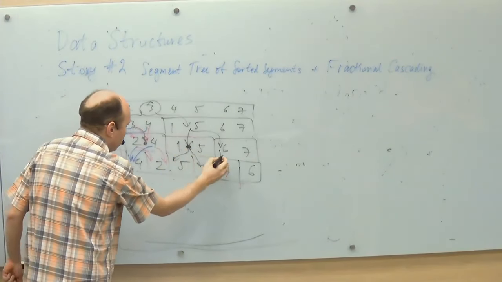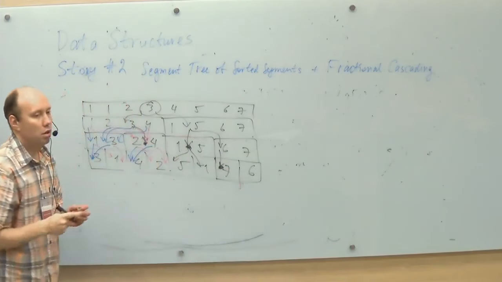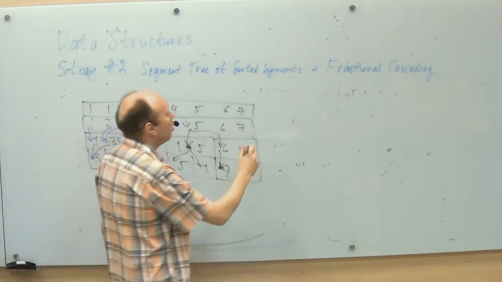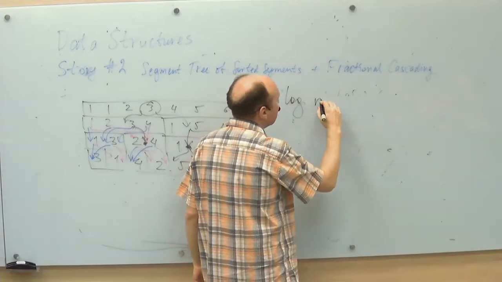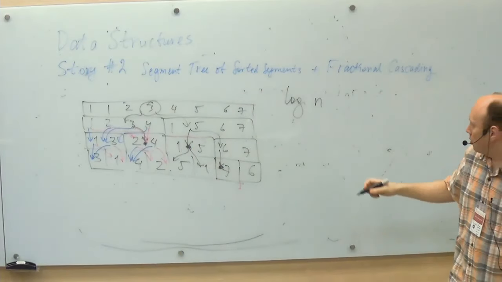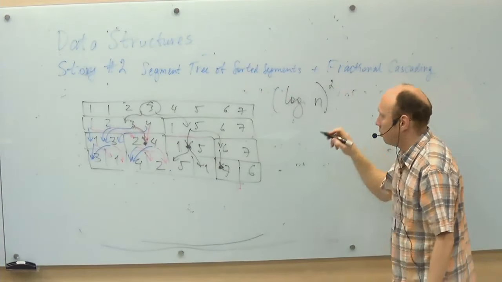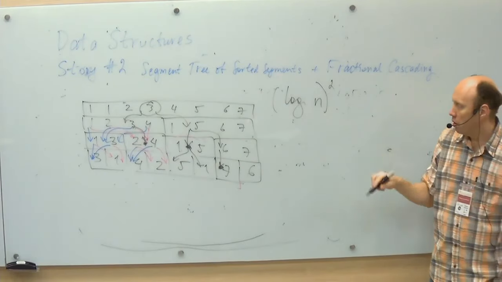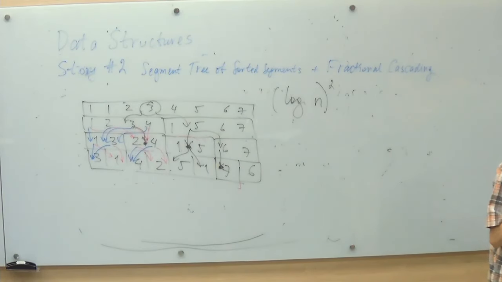So if we had binary search in each of these areas, then it would take us logarithm n for binary search times logarithm n for the number of segments. And if we use fractional cascading, we have a constant memory expansion because we need to store these pointers.